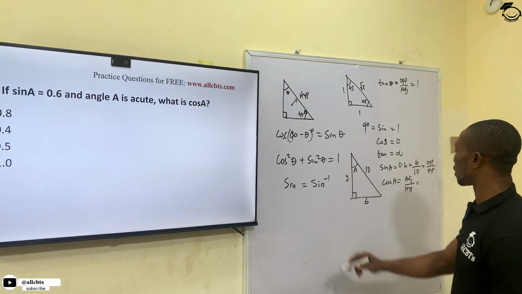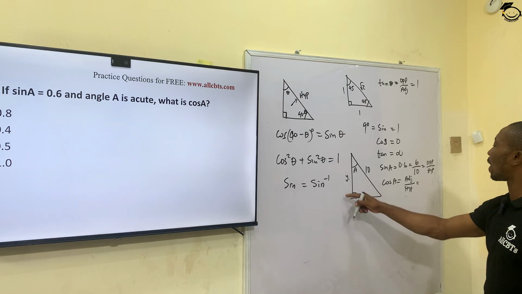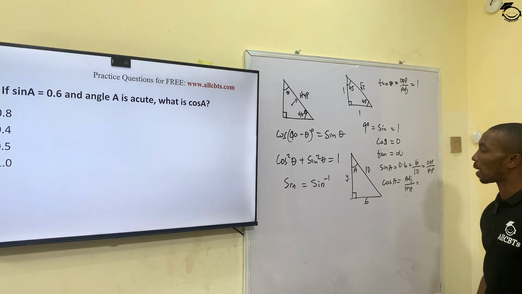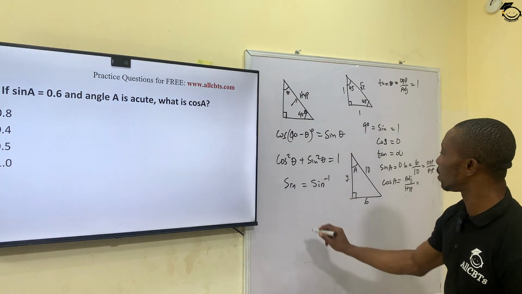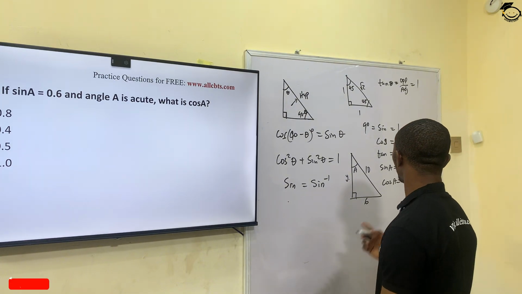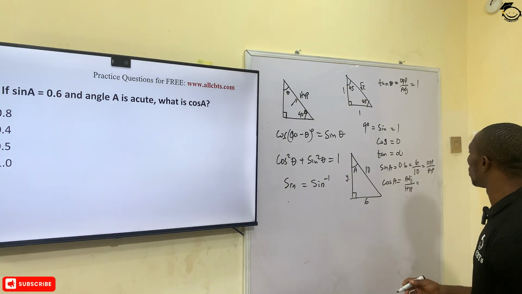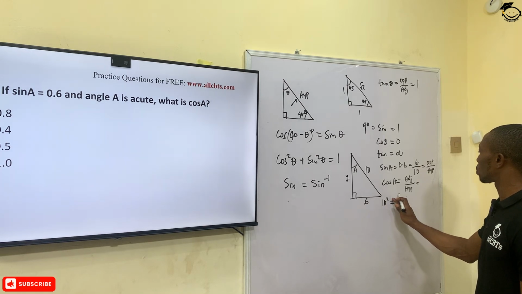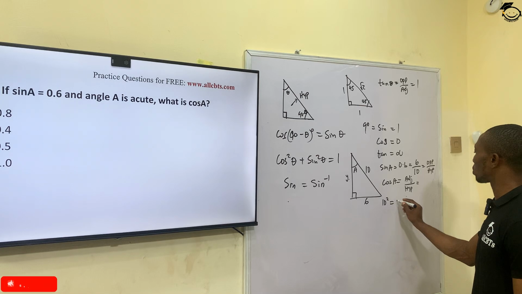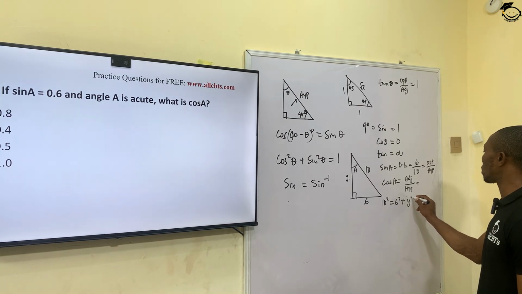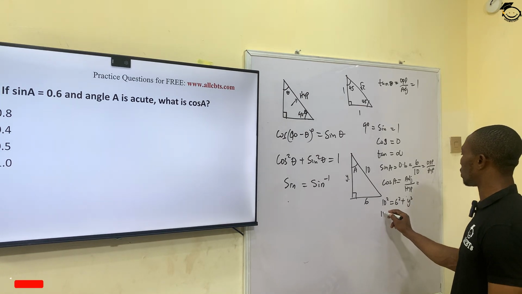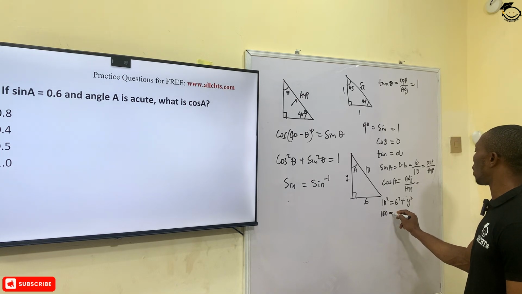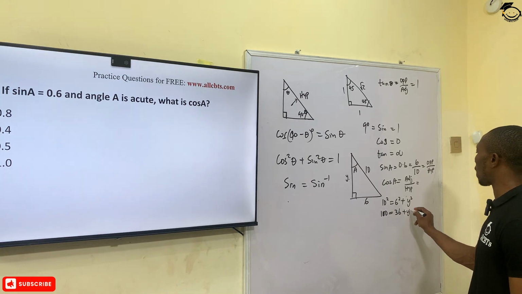So for us to find our adjacent, we are going to apply a Pythagoras rule that says our hypotenuse squared equals opposite squared plus adjacent squared, which is going to become 10 squared equals 6 squared plus y squared. So 10 squared is 100 equals 36 plus y squared.